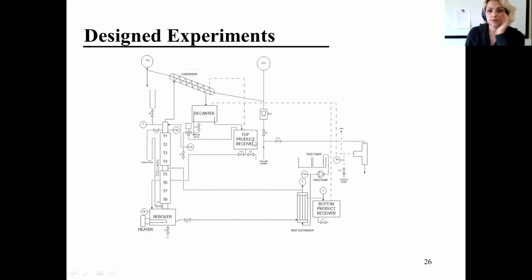For the next slide, what I need you to get from this slide is that this is my distillation column. I have the condenser. I'm going to get my top product. Some of it is going to go back after this decanter to my distillation column, so that I distill it again.